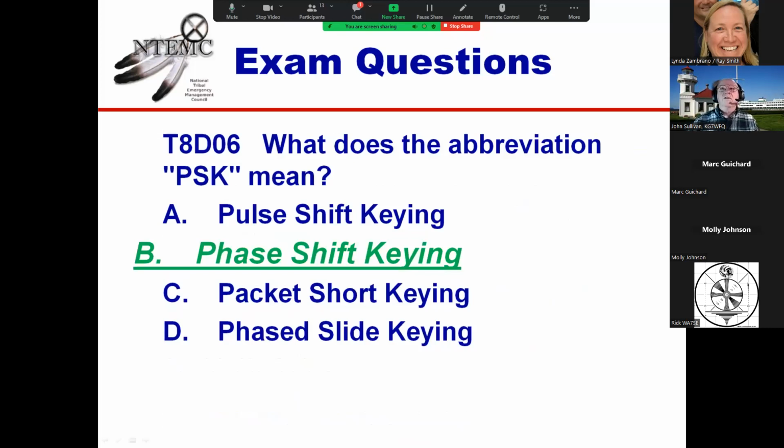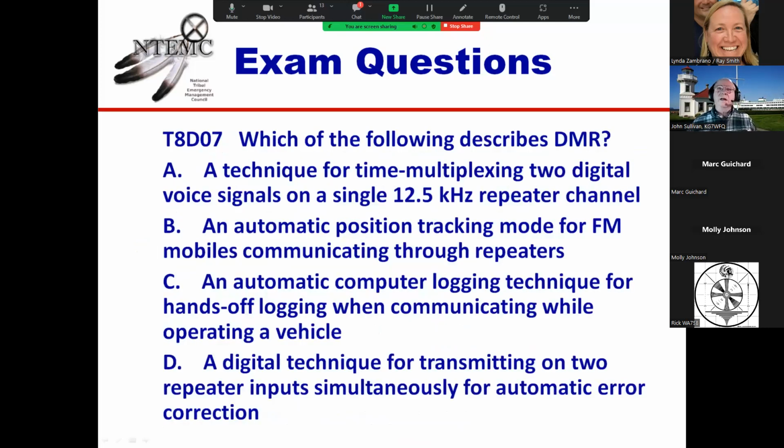Which of the following describes DMR? DMR, remember, was digital mobile radio. It's a technique for time multiplexing two digital voice signals on a single 12.5 kilohertz repeater channel. Or an automatic position tracking mode, that's APRS. Automatic computer logging technique for hands-off logging while operating a vehicle. I don't know what that is.